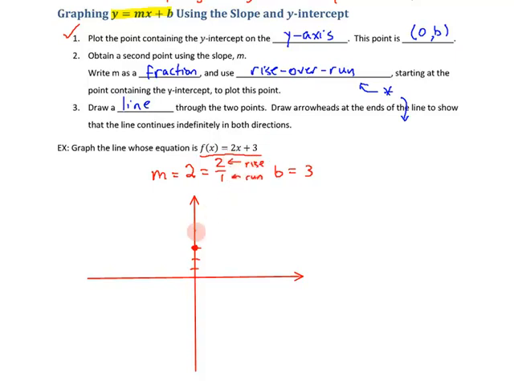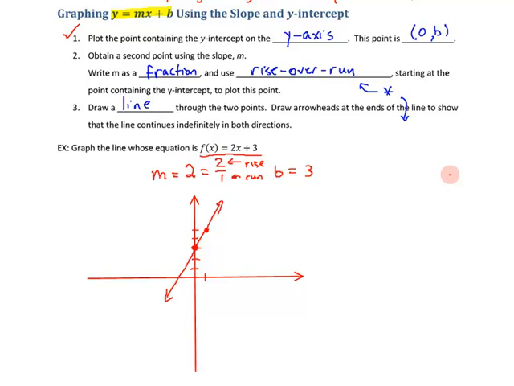So to get the next point, I'm going to rise 2 and run 1: up 2 because it's positive, and right 1 because it's positive. There's my second point. There's my line right there. That's it. Done.